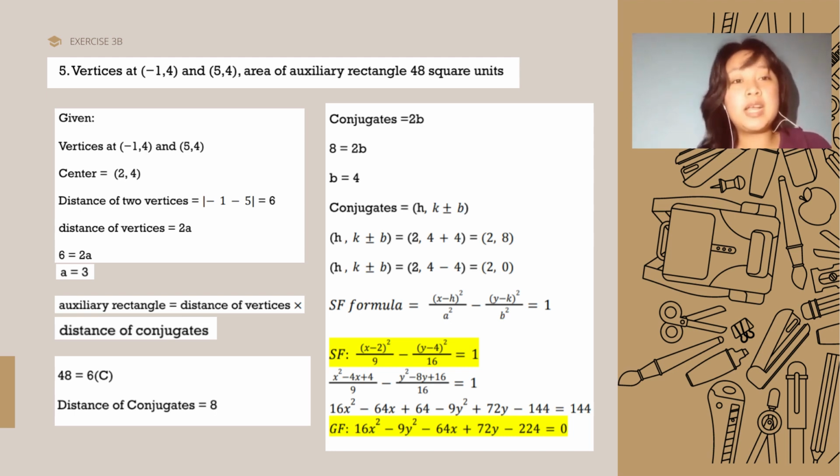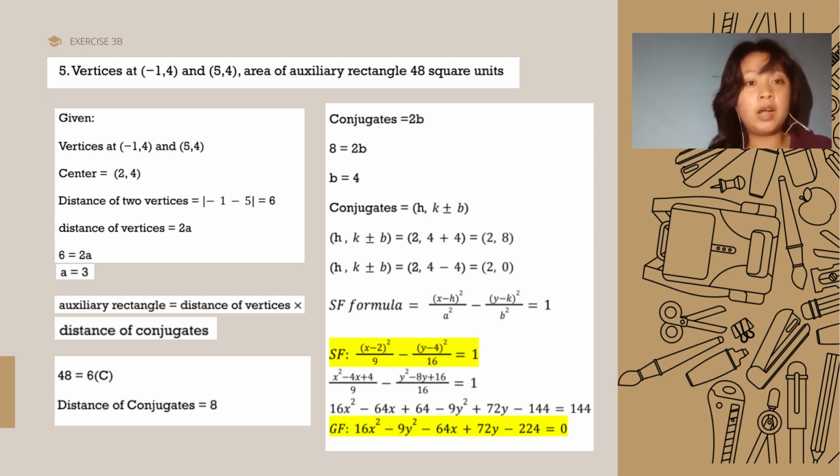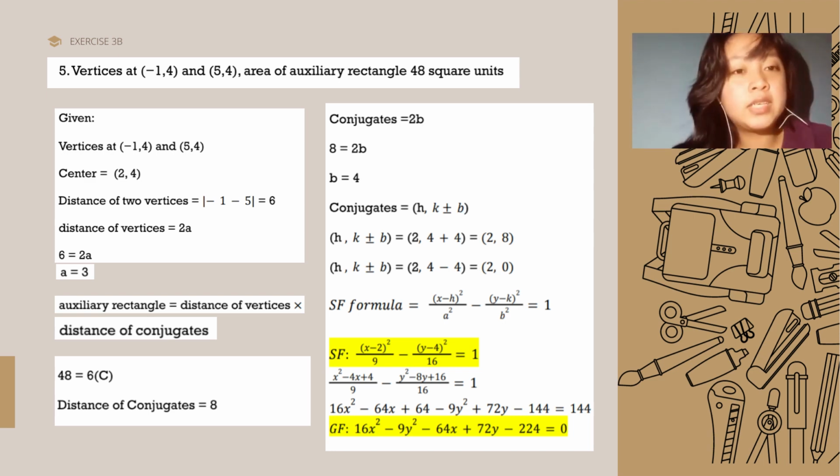So gagamitin na natin ang SF formula, which is the (x minus h) squared over a squared minus (y minus k) squared over b squared is equal to 1. So ita-transfer lang natin yung ating h and k ng 2 at saka 4, and then ang ating a and b will be 3 at saka 4. So magiging 9 and 16.